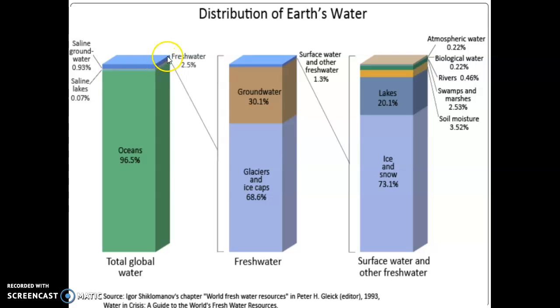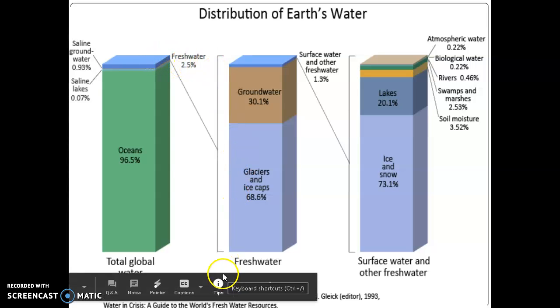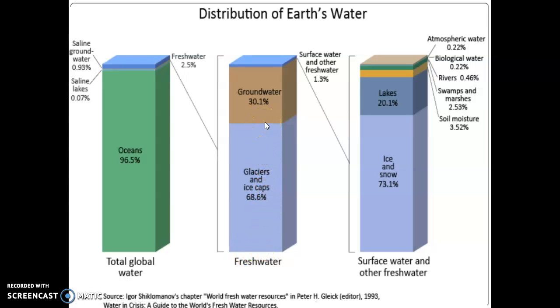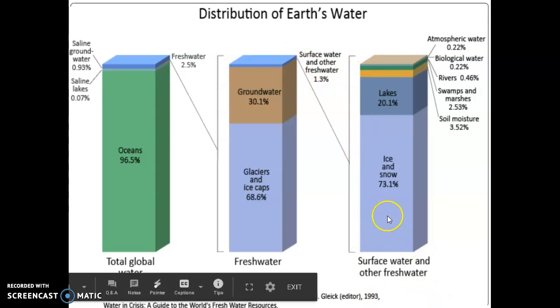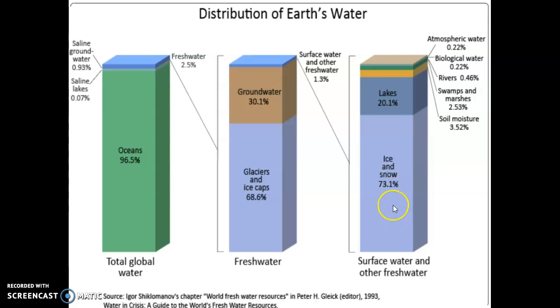If I take that and expand that fresh water, this is how it actually looks, and you have 68% that's in your glaciers and ice caps, 30% that's in the ground, and then your other surface water here at the top. And then again, you could take that other surface water and expand it some more, and you see 73% is in the ice and snow, 20% is in your lakes, and then we have soil moisture and swamps and rivers and biological water and atmospheric water at the very top.